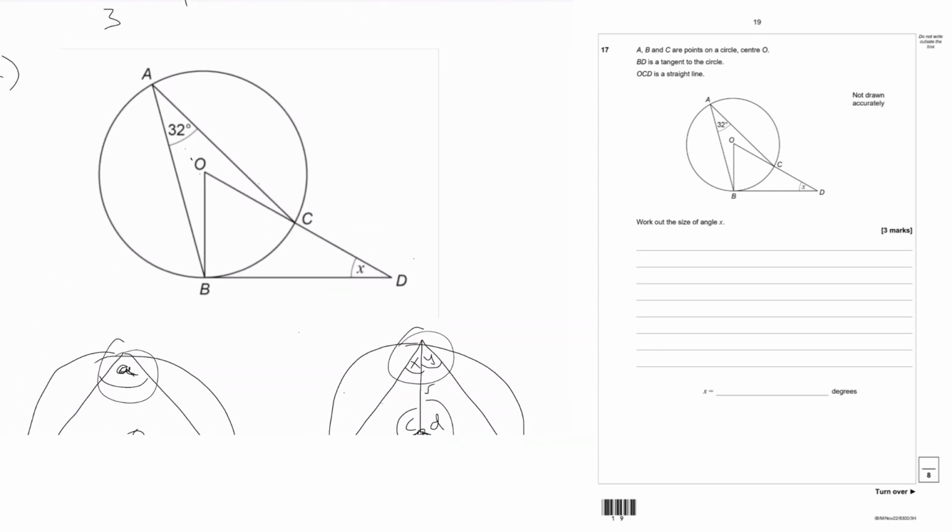So we can now say that the angle here is 64 degrees. We're told that BD is a tangent to the line. So if it's tangent to the line and it goes to the centre, this means that the angle here must be 90 degrees. So the angle X is equal to 180 degrees minus 64 degrees minus 90 degrees.